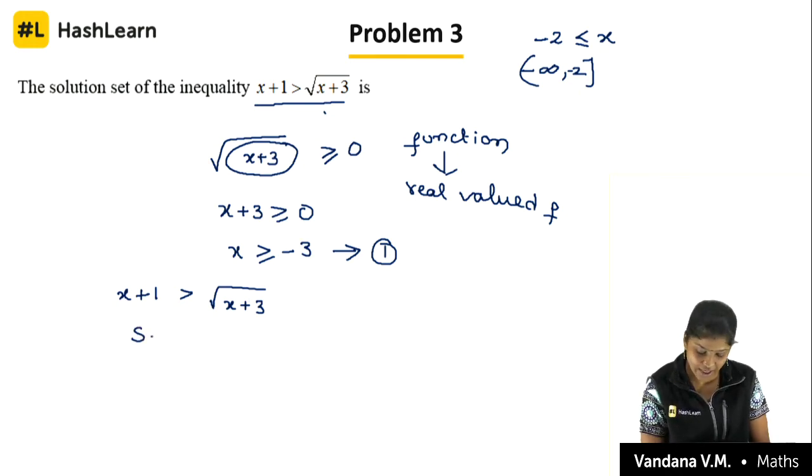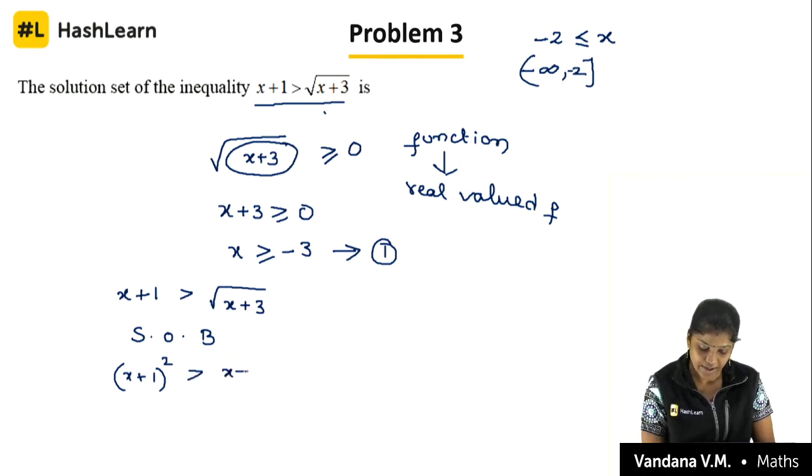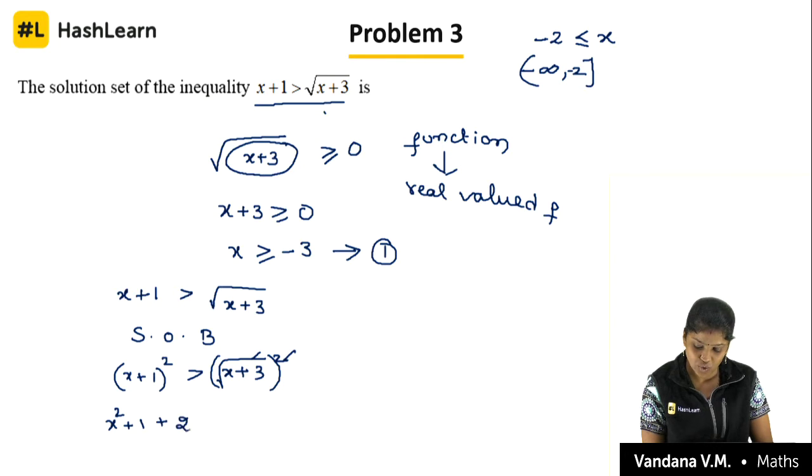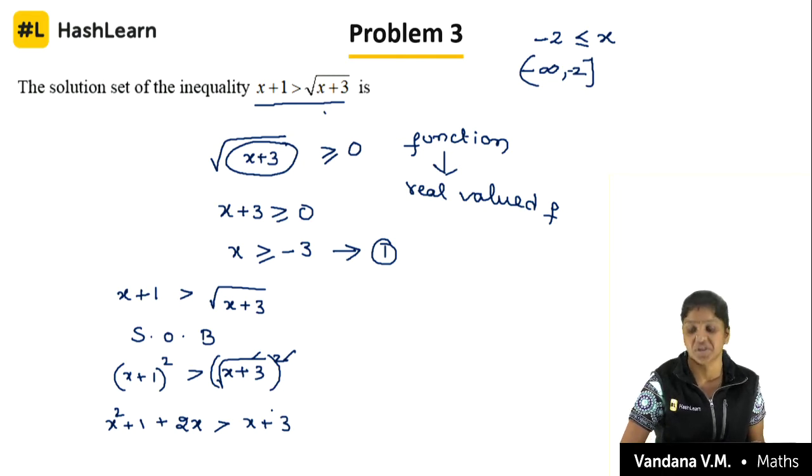So the best way is squaring on both the sides. x plus 1 whole square is greater than x plus 3, root and square will get cancelled. a square plus b square plus 2ab is greater than x plus 3. Clear? Because I want the x value. Finding the solution means finding the x value, that is called the solution set.